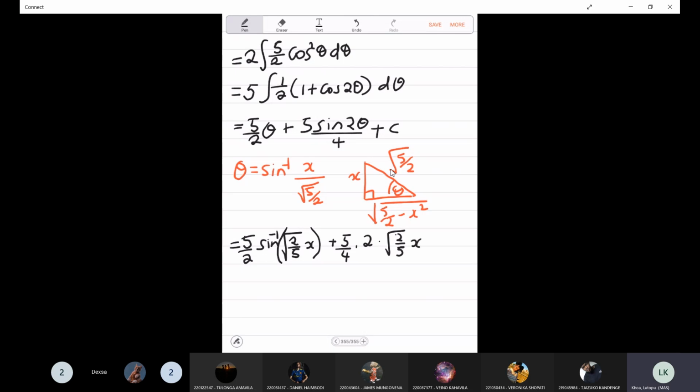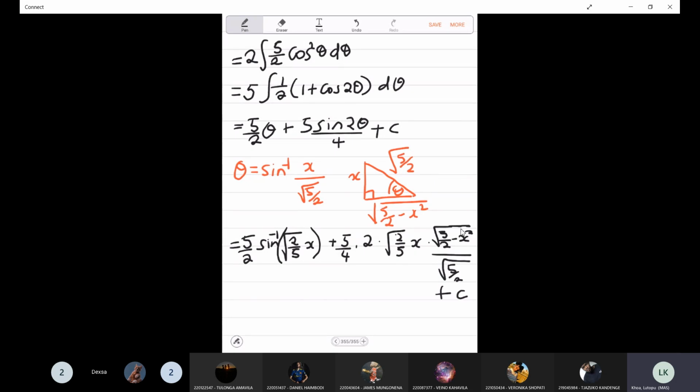And then multiply that by cos theta. Cos theta is the adjacent over the hypotenuse. So adjacent, the square root of 5 over 2 minus x squared, and then divided by the hypotenuse, which is the square root of 5 over 2, and then we add our constant of integration.